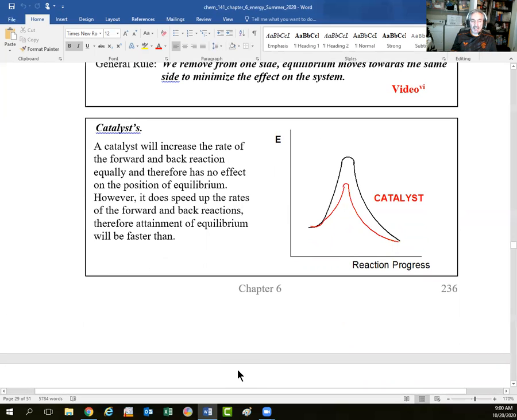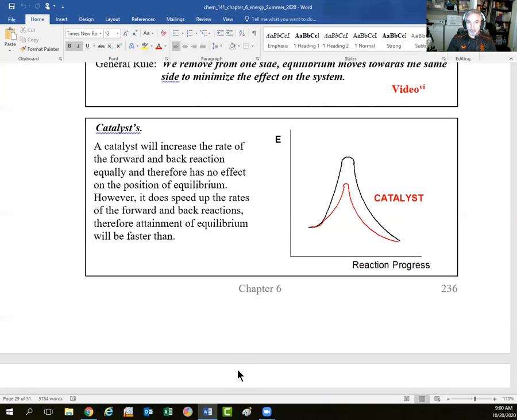Our third and last idea for today's lecture is when we add a catalyst to the system. Remember, we said in collision theory, adding a catalyst lowers the energy of activation, so more of the collisions have the energy of activation and the reaction is faster.